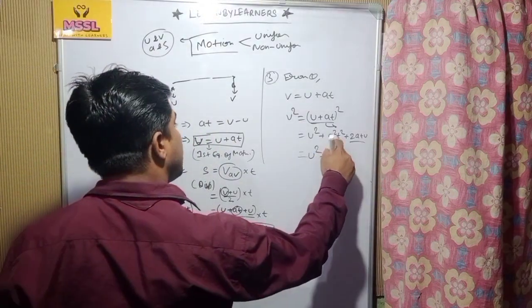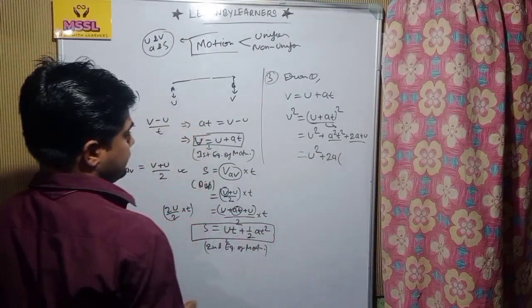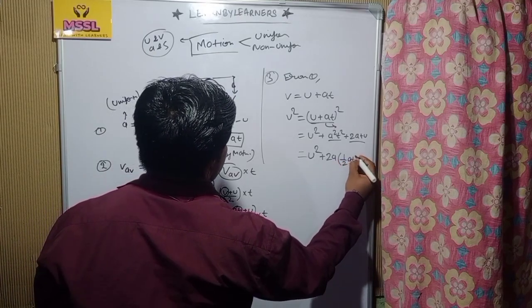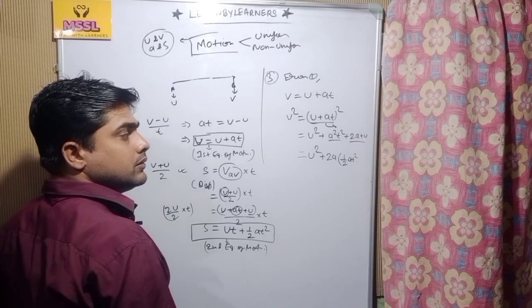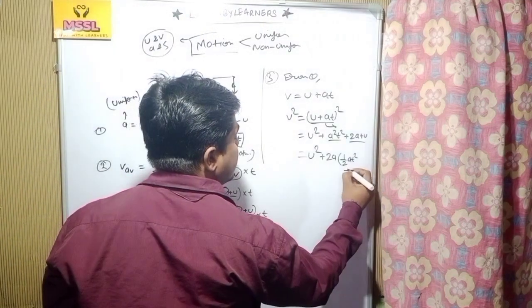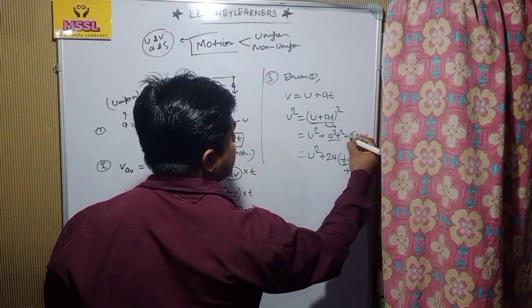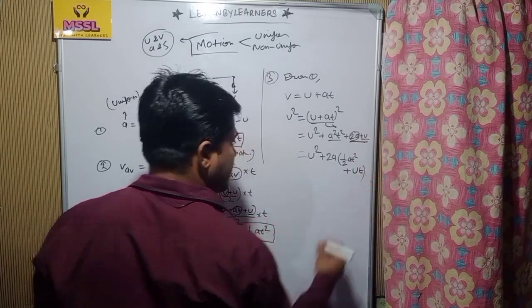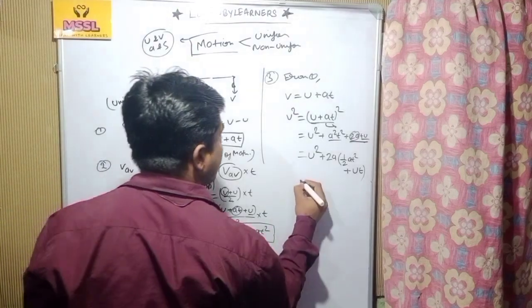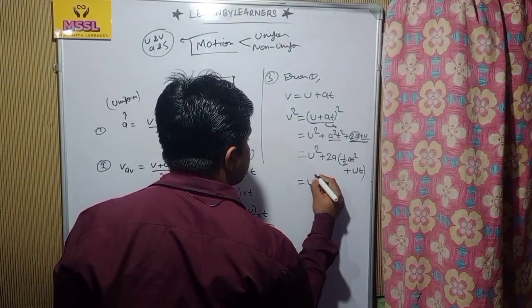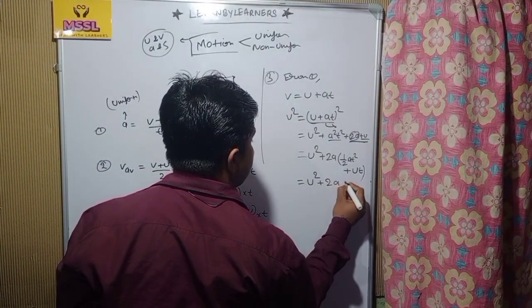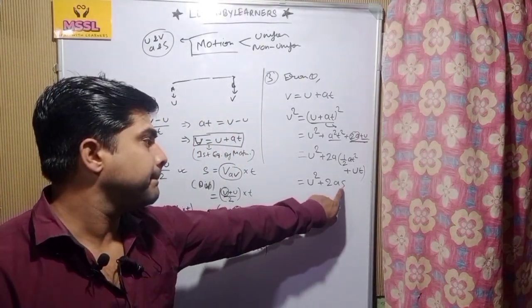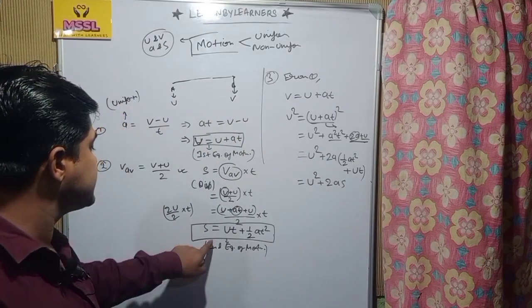Taking 2a common, we can write this as half at square plus Ut. Now from here, can we write it as U square plus 2as? Where is s?